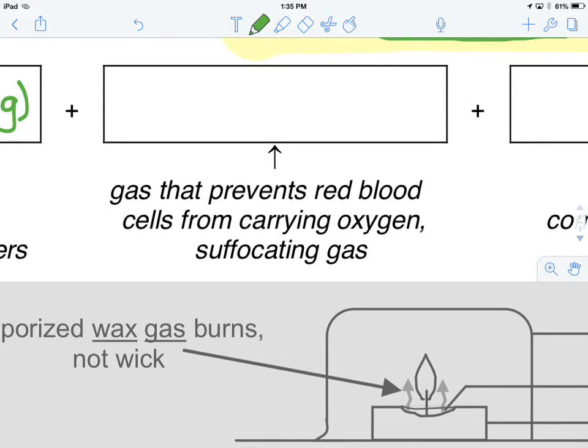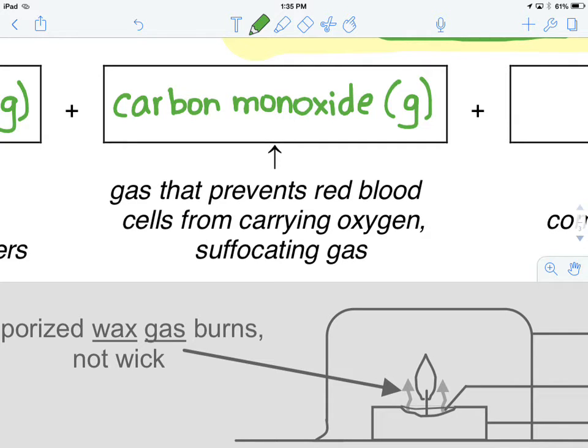The second is a gas that prevents red blood cells from carrying oxygen, which makes it very dangerous to humans. It's a suffocating gas. Many of us will have monitors in our homes to make sure that we don't get too much of this, and this would be carbon monoxide. And it too is a gas.